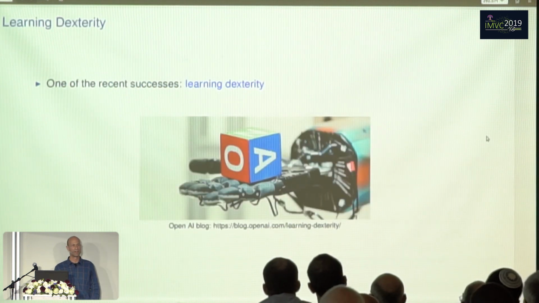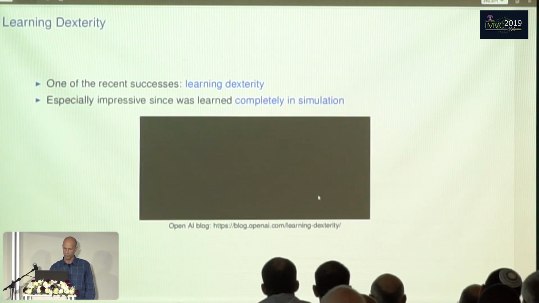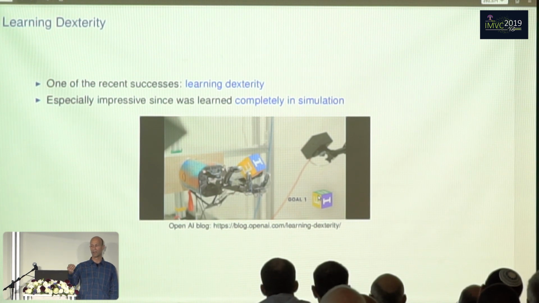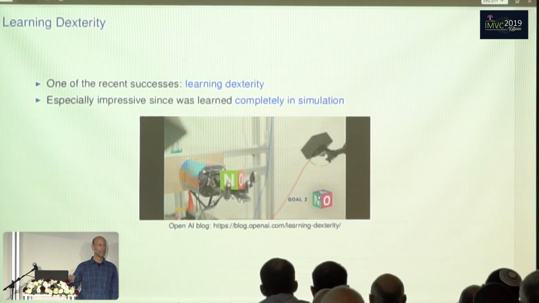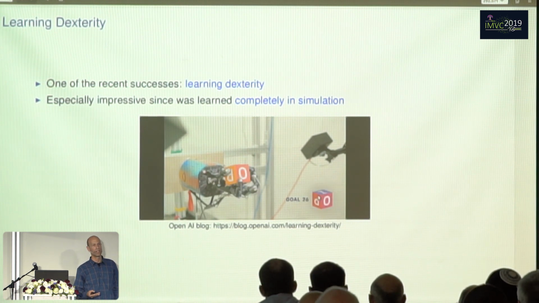And one of the successes of these algorithms is learning dexterity. So here we see a robotic hand trying to manipulate a cube to get to some goal state given to it. What is remarkable about this hand is, again, no one programmed any of its behavior. It was learned completely from trial and error in simulation.